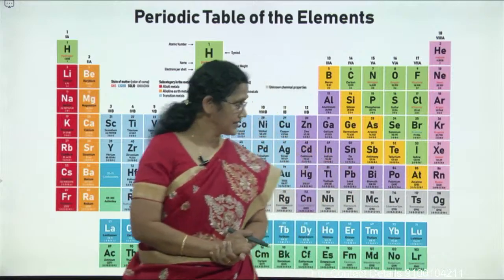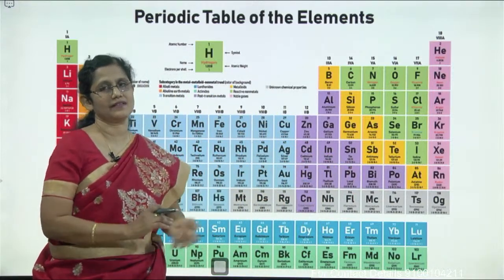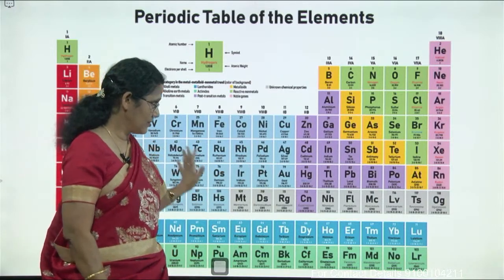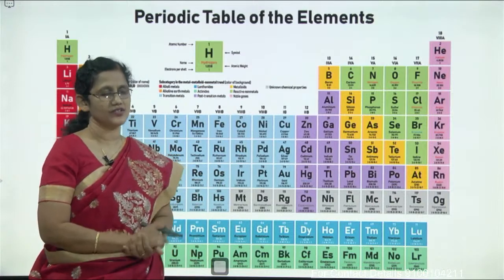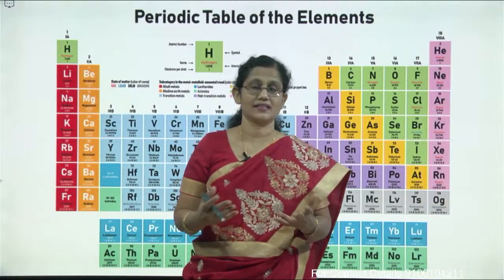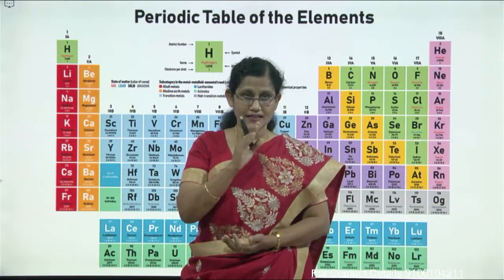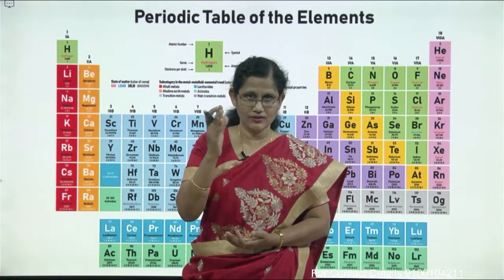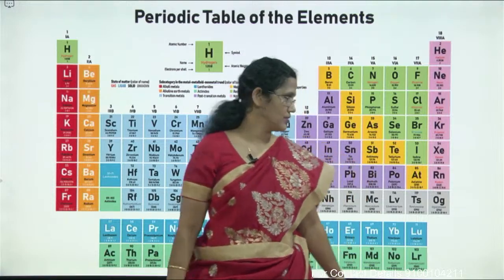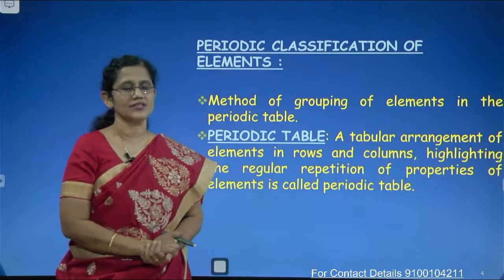It is a method of grouping of elements in the periodic table, maybe based on properties, atomic size or atomic radius, atomic number, similarity in properties, electronic configuration. This is called periodic classification.